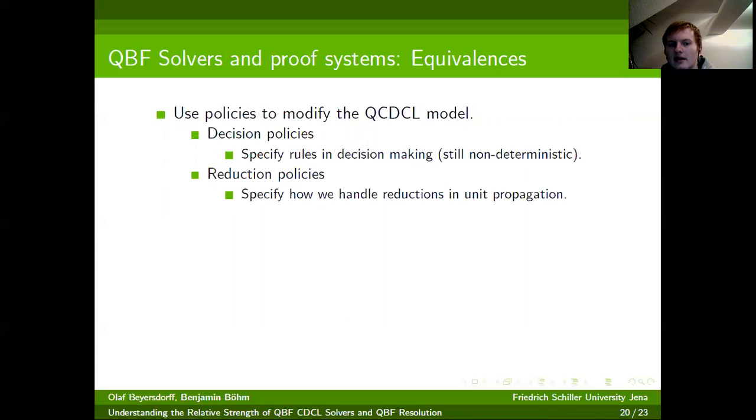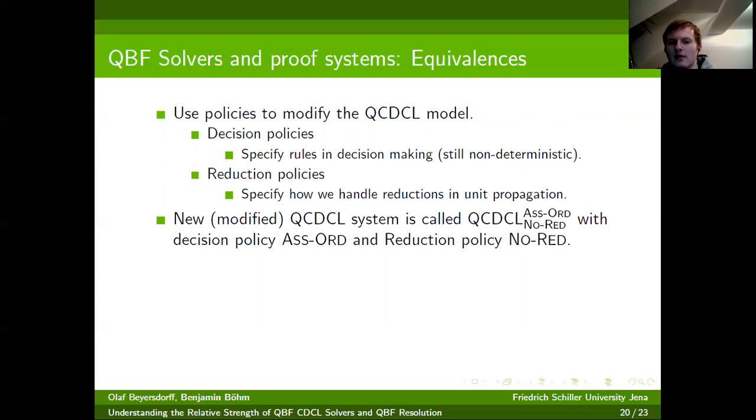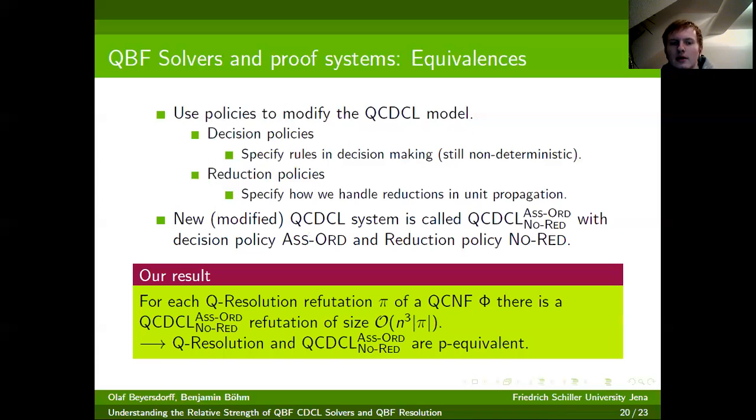Since we are in the QBF case, unit propagations can also make use of reduction. In our new model, we just say that we do not allow any reduction in the process of unit propagation. We also use the new decision policy asserting order, which I will not explain here because it's a little bit technical, but basically it's a more liberal policy than we had before.